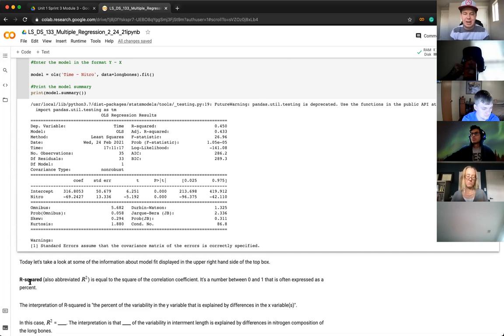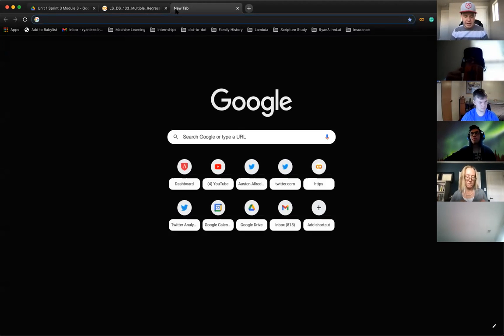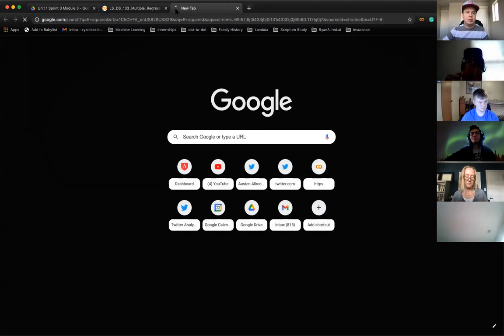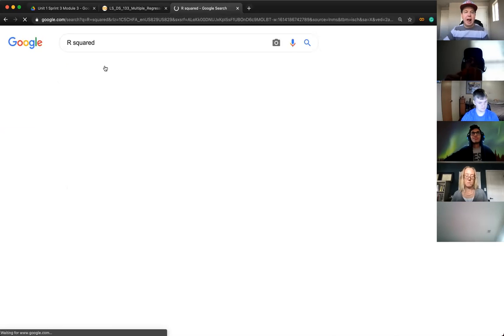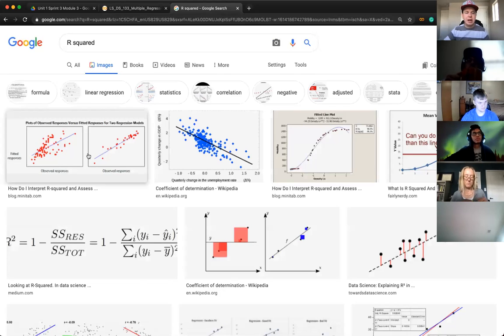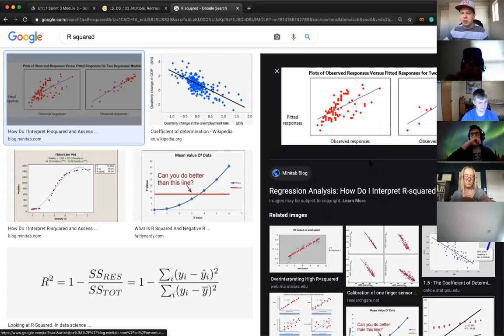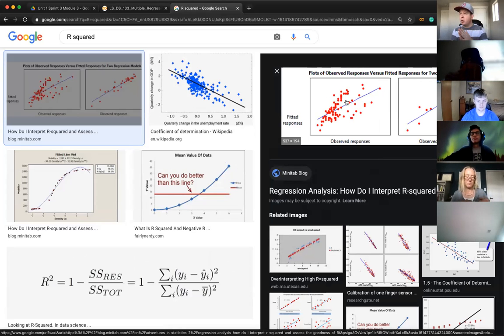Well, what does this R squared value represent? This is a measure of what we call goodness of fit. So you can think about goodness of fit, I'll show you some examples here, as being how closely do the data points fall to the line. So here on the left, you see that the residuals are larger.